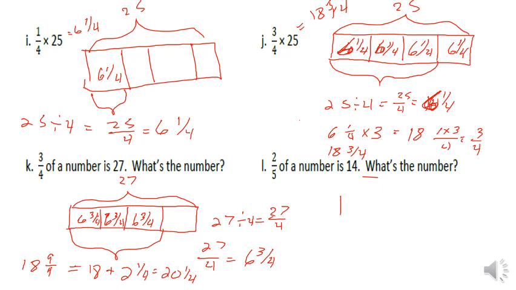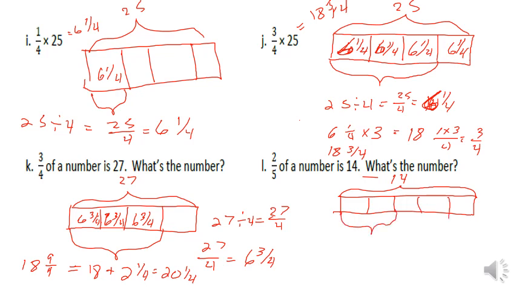The last one over here, we know we're looking for 2/5 of 14. We're looking for 2/5. Now, we got 14, we're dividing it into 5 sections, so it ends up being 14/5, which 5 is going to go into 14 2 times, there's 4 left over, and 4/5.